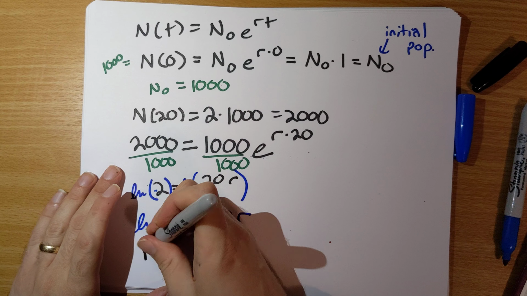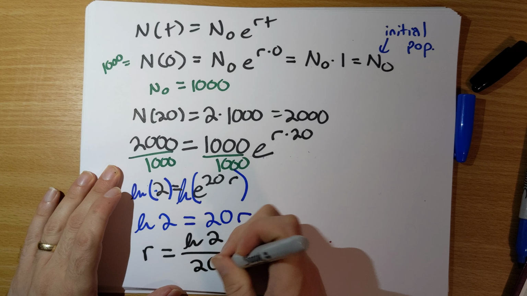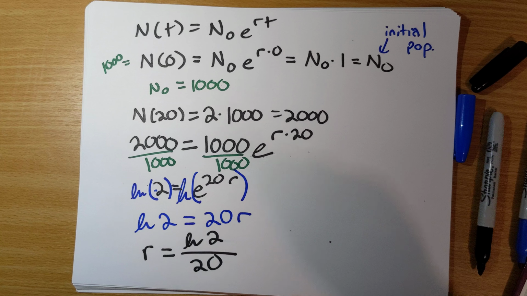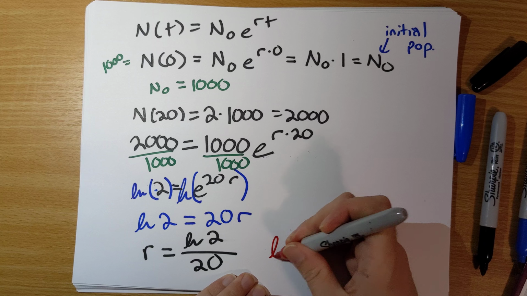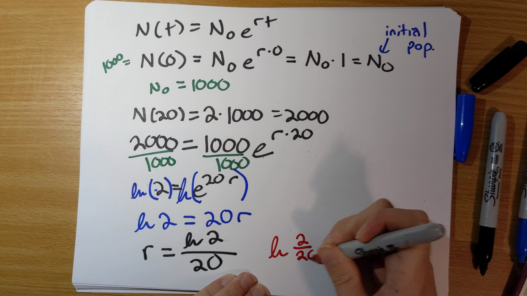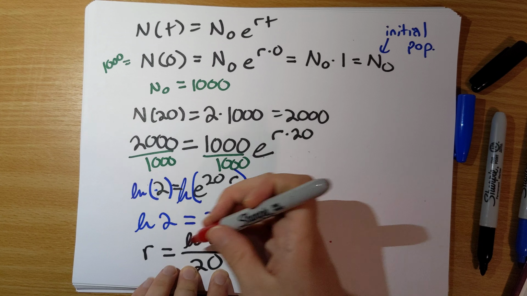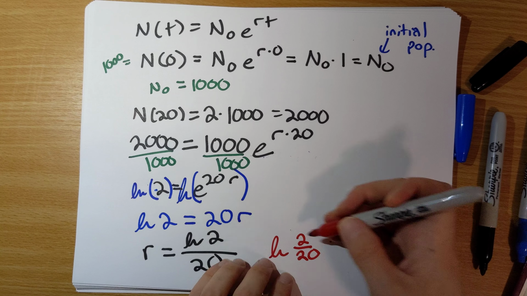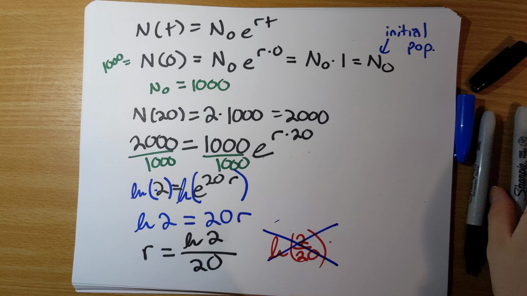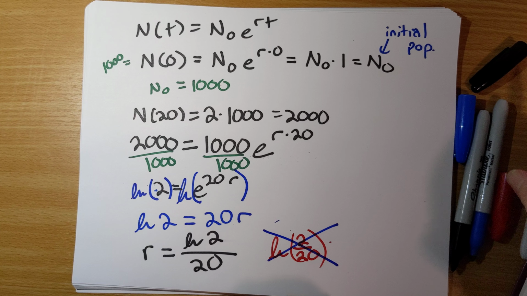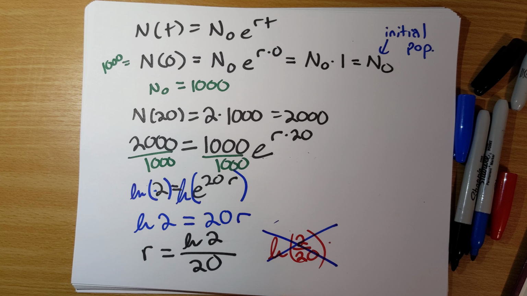And so r is equal to natural log of 2 divided by 20. By the way, importantly, let me write down a common wrong answer: log of 2 over 20 interpreted as log of all of 2 over 20. This is incorrect.